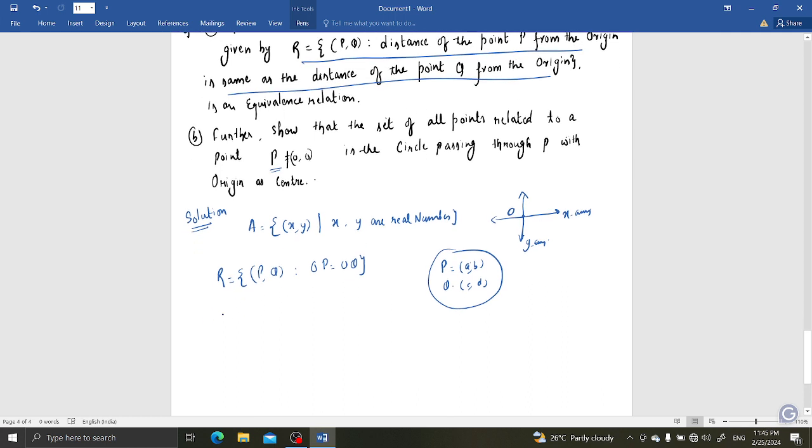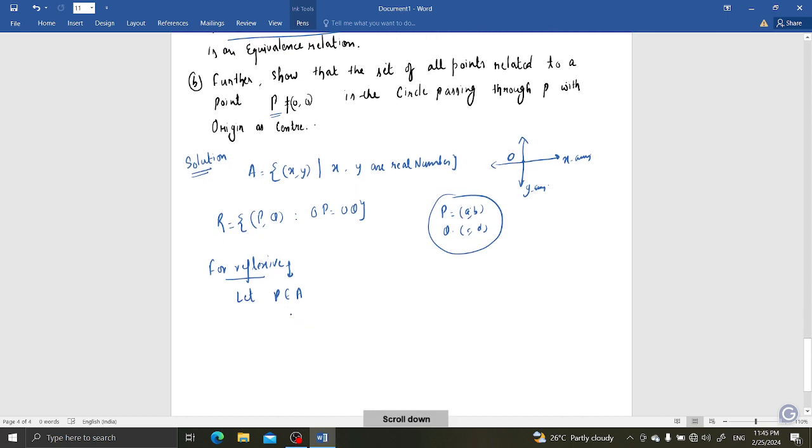Now for reflexive, first of all we need to prove reflexivity. How can we prove it? First of all we need to take an arbitrary element of A. So let P belong to A. If P belongs to A, then observe OP equals OP. Why so?